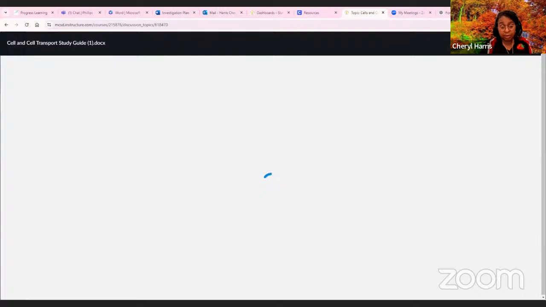So I don't know why you have access to everything else in the module except this. But anyway, and then it wants to take all day to open. All right, is it working for you this time? Mine is still spinning, but this is the right worksheet. Okay.